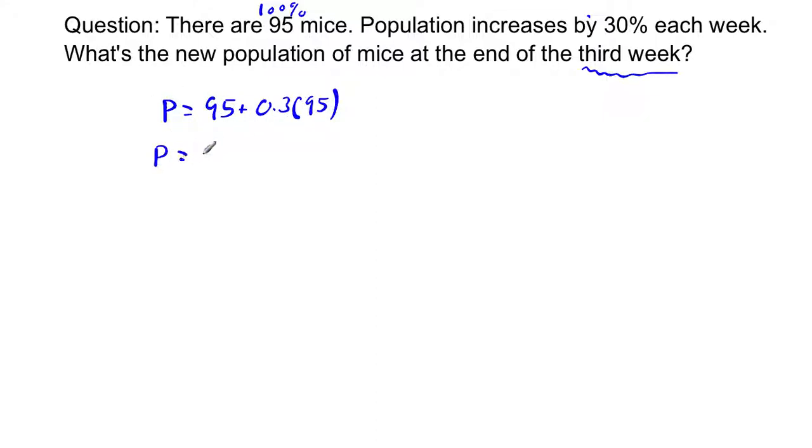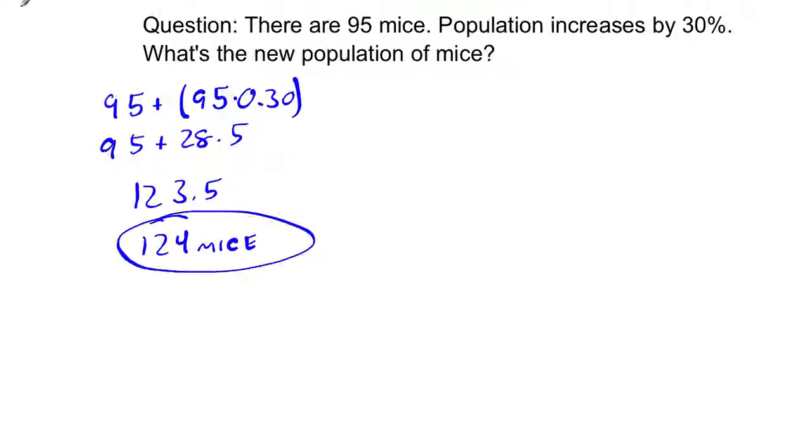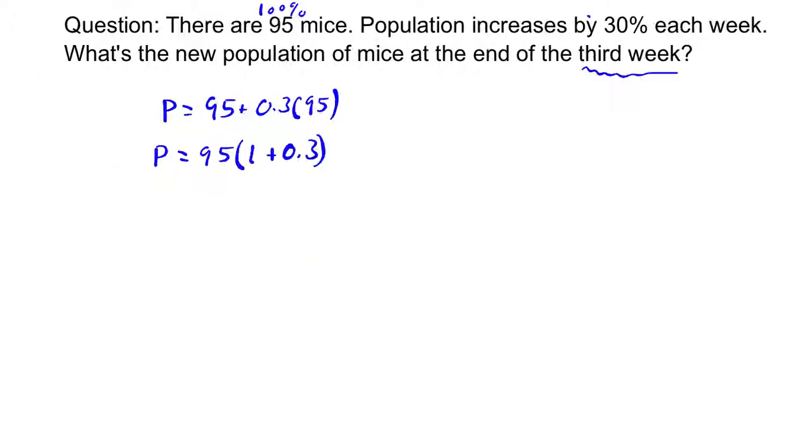Well, what if I factor out that 95? I get 1 plus 0.3. And so this would be a 1.3. That's where I get that 1.3 from. If we do 95 times 1.3, we're going to get that 123.5. We're going to have that 124 mice.